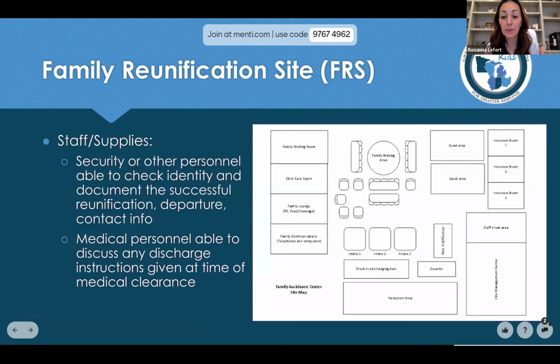And so this is an example of a layout of a family reunification site. I've seen others where they are much smaller, really just a few chairs or a couch in a smaller room. This is ideal. Having a couple different areas is ideal because if they need to have some sort of interview, if they're going to be evaluated by the detective, then having a space for that would be nice.